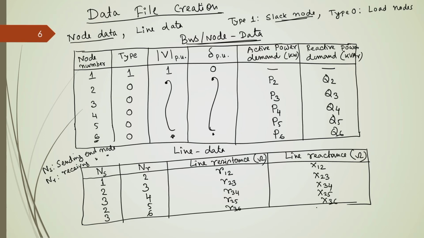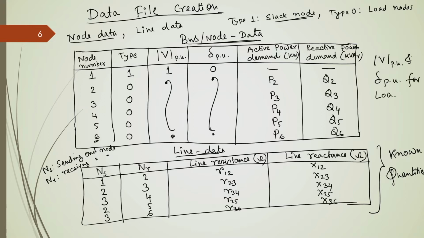So, these are the information known to us, and in the line data all quantities are known. The unknown quantities are V per unit and delta per unit for the load nodes.